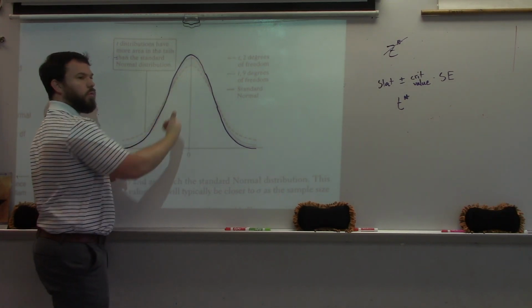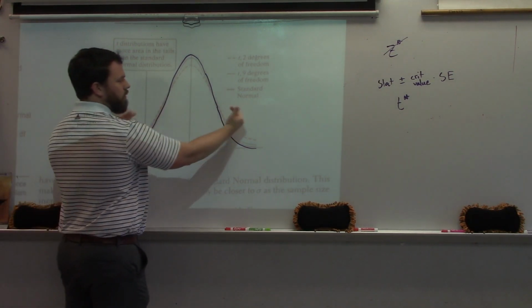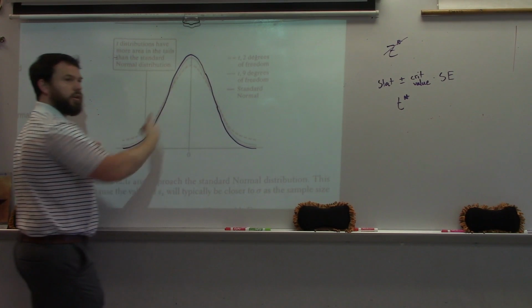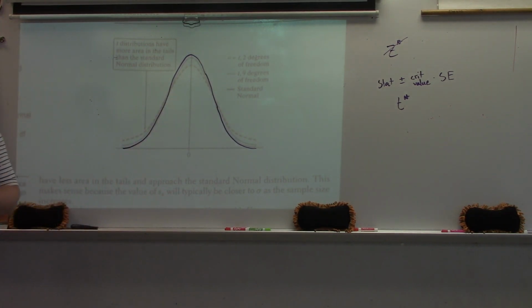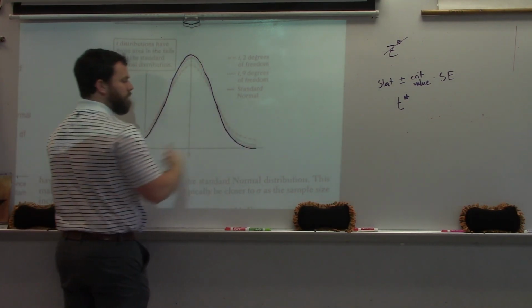So if they're lower, what are they also going to be? Less varied? More varied. They're going to be more varied. Look how they are wider. If they're shorter, because remember, how much area is under that curve, no matter what? The area is always 1, right? So if it's going to be shorter, it's also got to be wider.